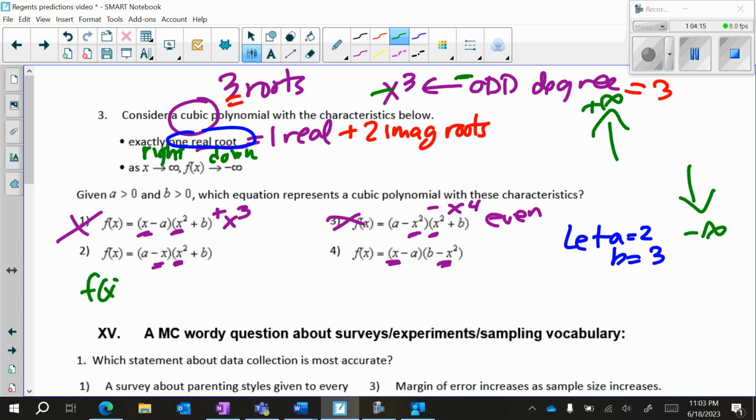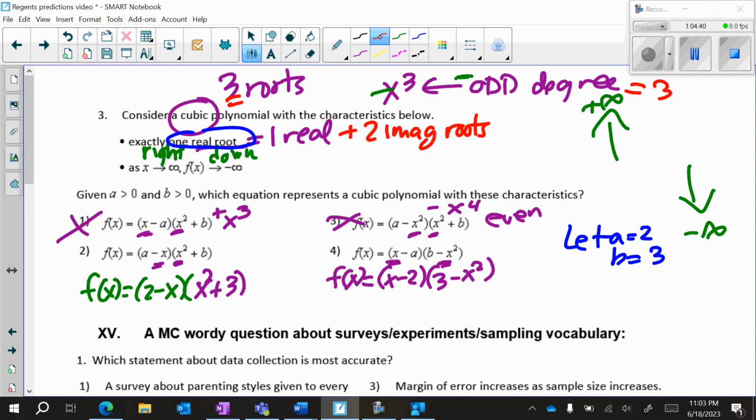Okay, let a equal 2, let b equal 3. If we were to solve, we could actually put these in to y equals and see which one works, by the way. That's one way to do it.